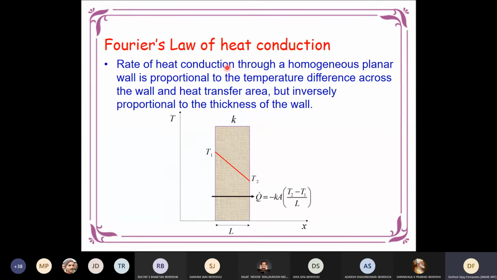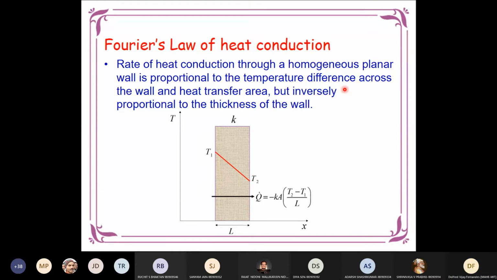You can see in the picture that there is a wall of thickness L, and if the left side temperature is T1 and on the right side temperature is T2, so T1 minus T2, T1 is greater than T2 here, so there is a temperature difference.